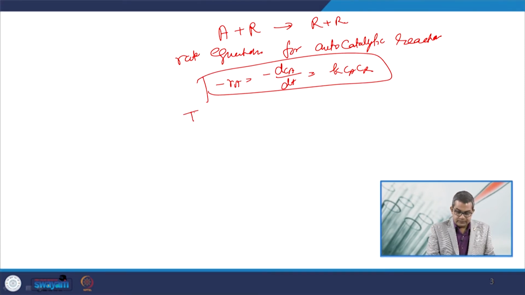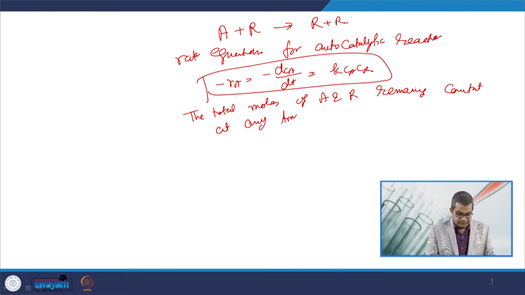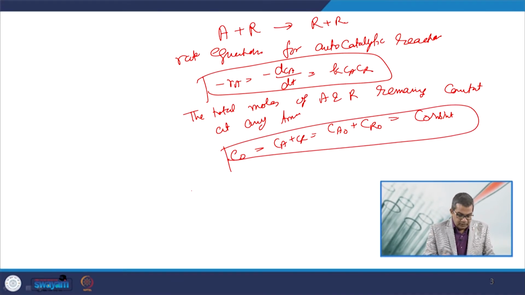The total moles of A and R remain constant at any time. C naught equals Ca plus Cr, or Ca naught plus Cr naught, which becomes constant. Now, you can write the rate equation, that is quite easy. Ra equals minus dCa upon dt equals K Ca times C naught minus Ca.